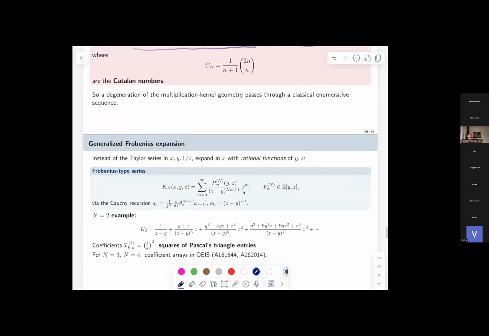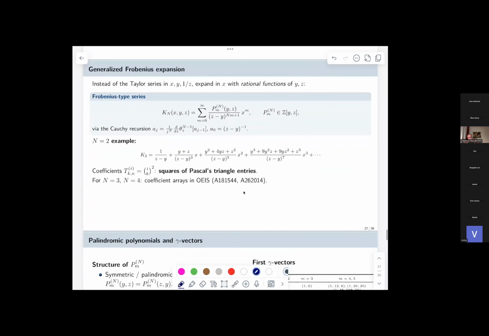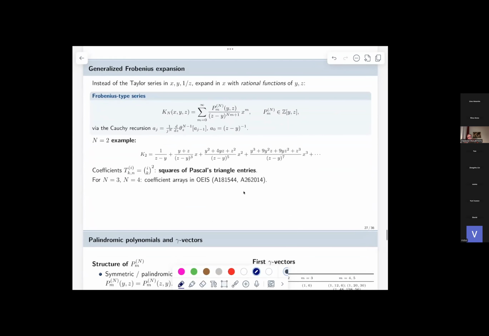Okay, then we were inspired by this, and considered another combinatorial property of our kernels, not for the diagonal, but for any x, y.